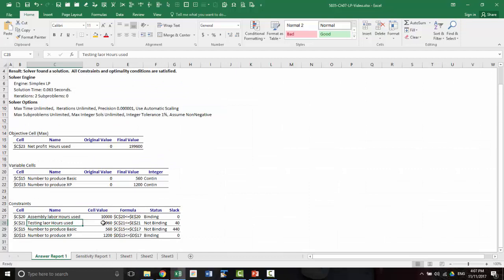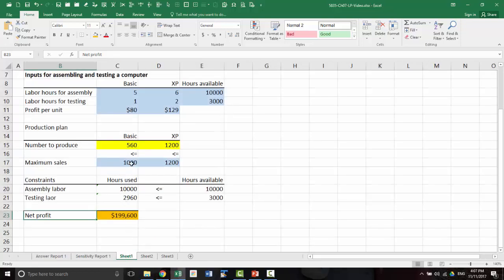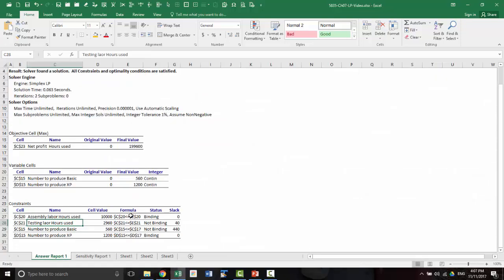And then the cell value. What are the cell values? 10,000 and 2960. And what is the formula? That is the constraint formula for these cells.